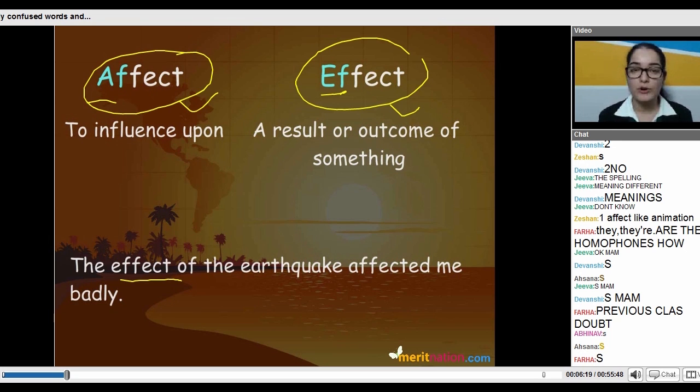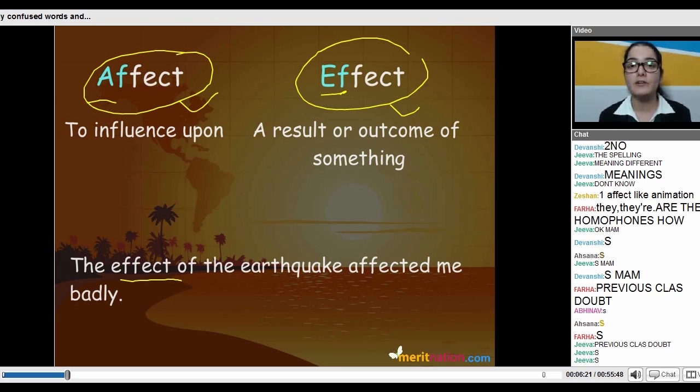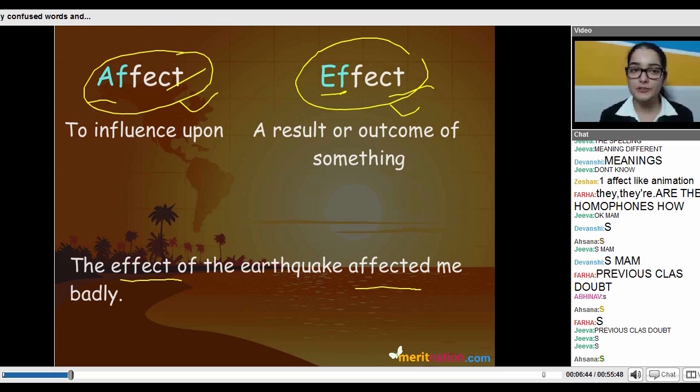If we are talking about an earthquake, we see the effect of the earthquake. There were destructions, people getting homeless, but mentally you actually got affected. So affect is feeling oriented and effect is a physical change or a result or outcome of something. Is it clear? Was the difference clear to you?